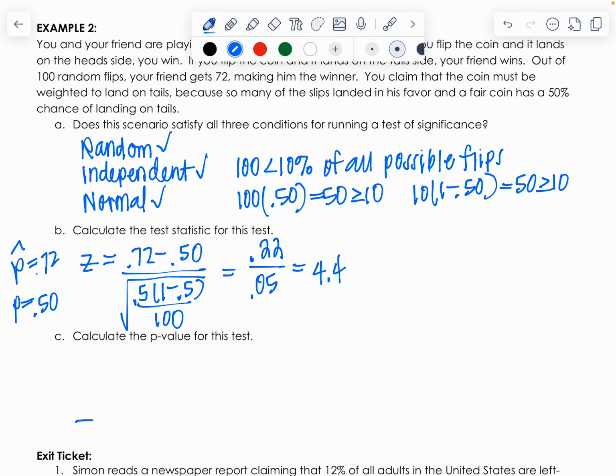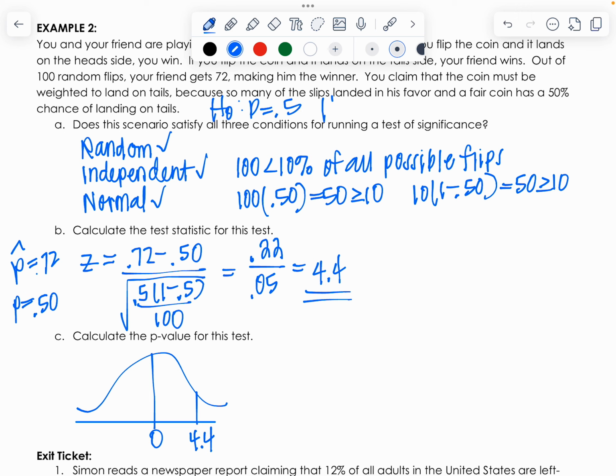So now to calculate that p-value, we're going to draw our normal curve centered at the assumed percent. Oh no, not centered at the assumed percent, centered at 0 because we standardized our score. So now 4.4 will be up here. And in this case, we are thinking for our null that p equals 0.5, and our alternate would say that p is weighted, so it's greater than 0.5.